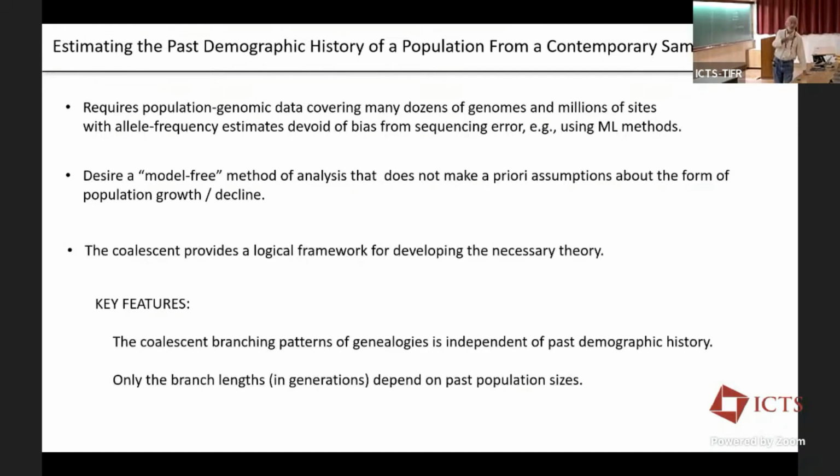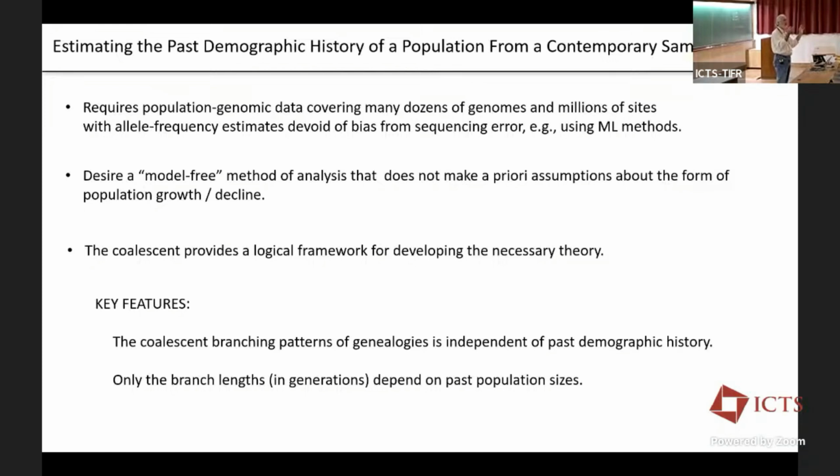And this is where we get into the coalescent. This gets back to the point that the gentleman in the front of the room was making about the relationship between the effective population size and time for alleles to coalesce. The beauty of the coalescent, some theory worked out many years ago by Kingman, is you can work out the branching patterns of genealogies and populations without knowing anything about genetics.